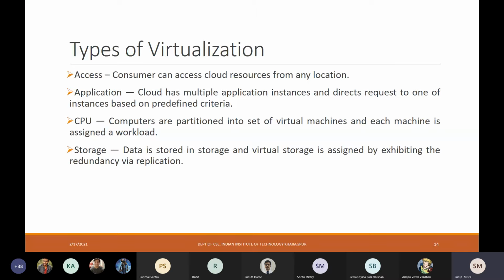Nowadays people are also talking about data virtualization. One of my students, Chandana Roy, who got a PhD, proposed a new type of virtualization called decision virtualization. So people have come up with different types of virtualization.